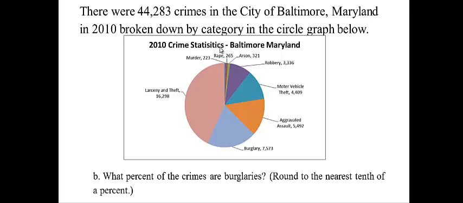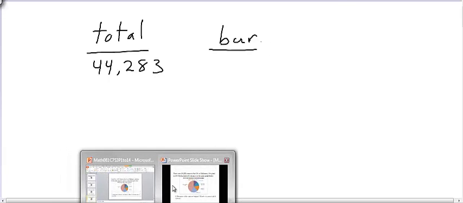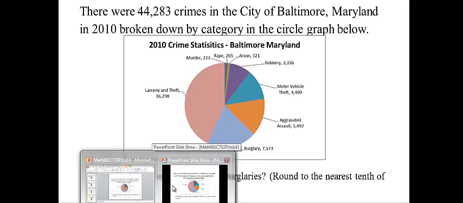When looking at my chart, burglary accounted for 7,573 of the crimes given in Baltimore. So I need to break this down. I'm going to say my total amount is 44,283, and burglaries, which we're considering, came to a total of 7,573.